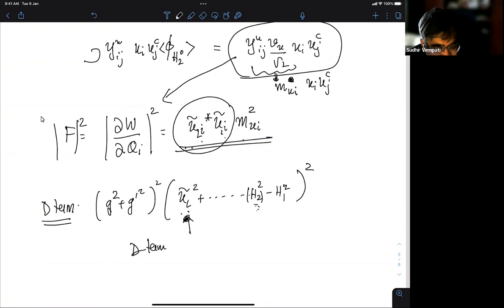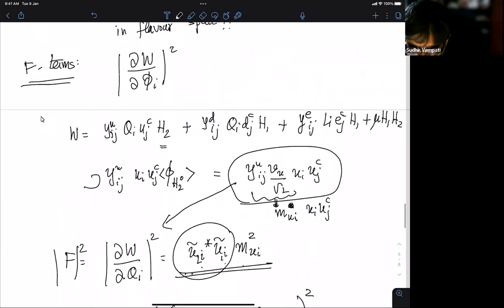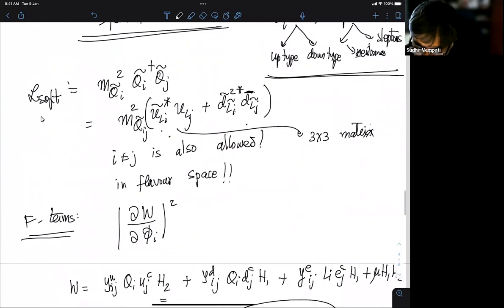Essentially, you can re-express it in terms of the M_Z square contributions. So this is only for the left-handed part.